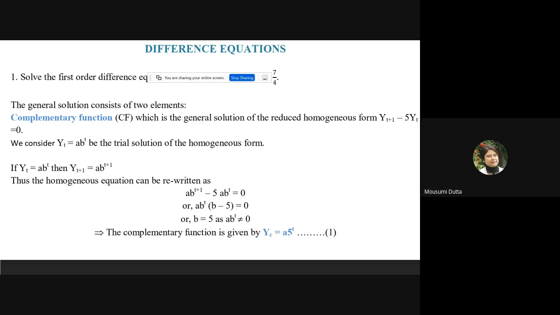So if it is income, it is intertemporal equilibrium income. If it is price, it is intertemporal equilibrium price. If it is savings, it is intertemporal equilibrium savings, etc. So PI, that is the notion of particular integral, is equivalent to intertemporal equilibrium.